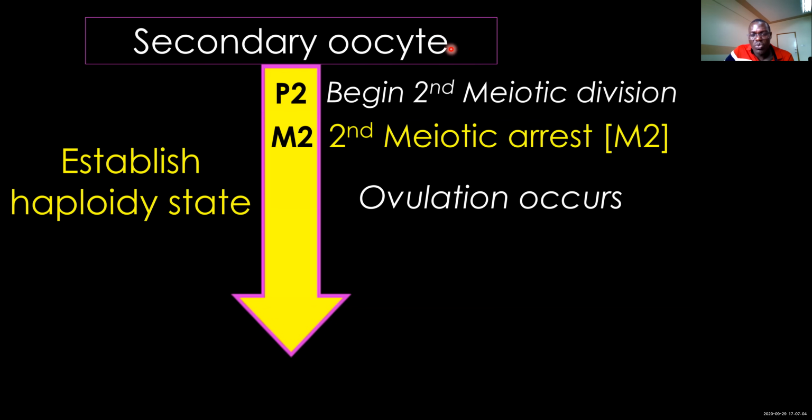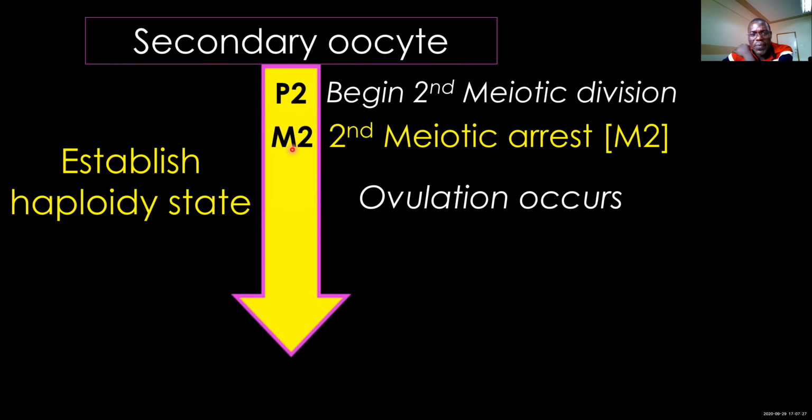It is still not mature. Now, this might surprise you, but the secondary oocyte, most of the time, does not complete the second meiotic division. It ends there. That becomes the end stage for it.